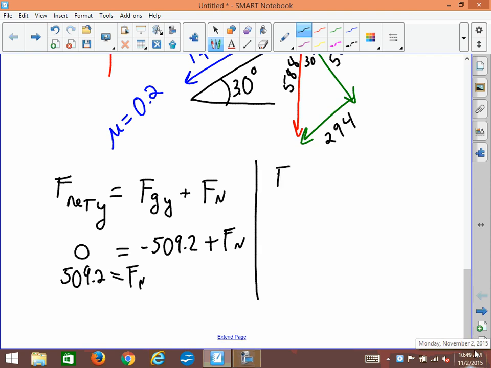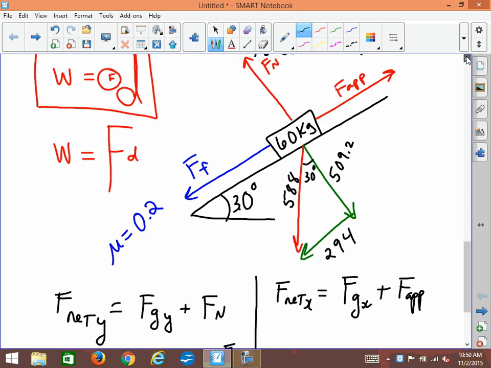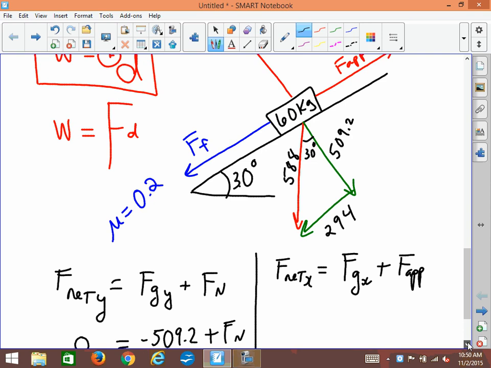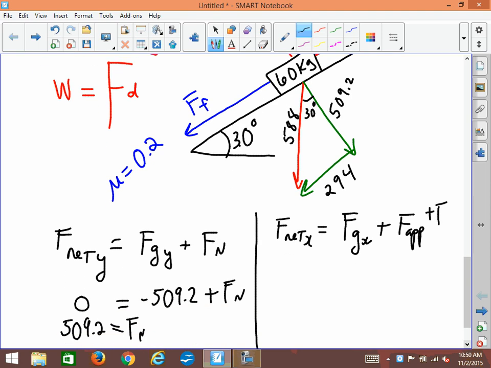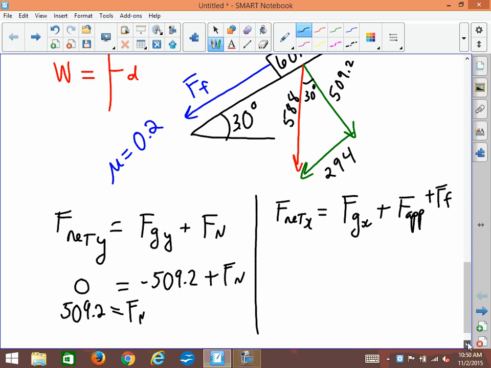Then we jump over to our F net X equation to see what would happen and describe the situation. FGX and F applied. Actually, F applied is already X, so we don't need an X. And also a frictional force now. Again, we're going to try to push this at a constant speed.